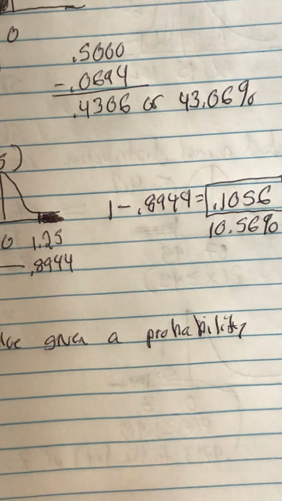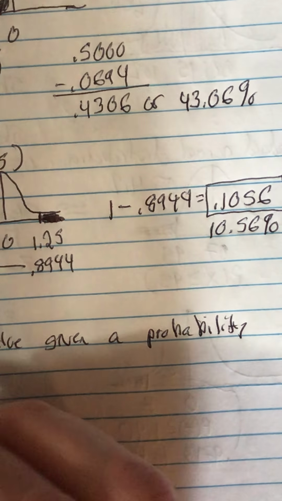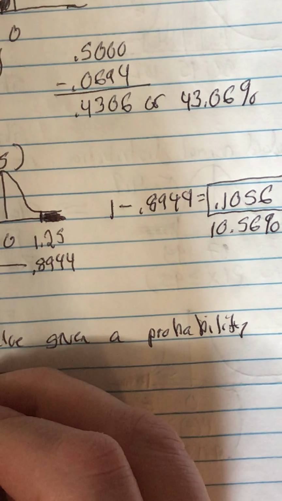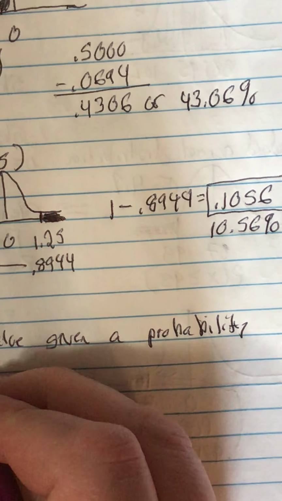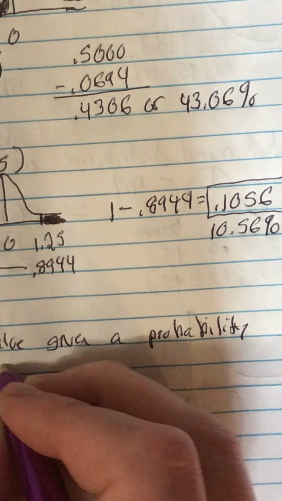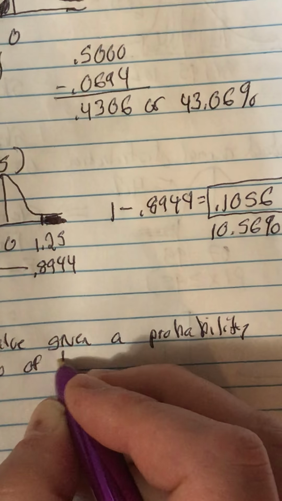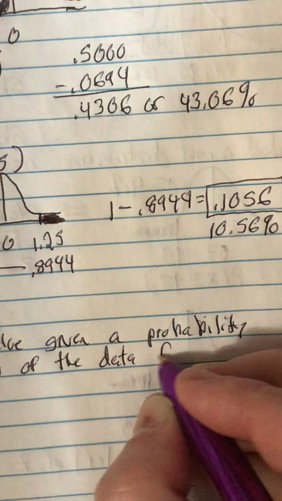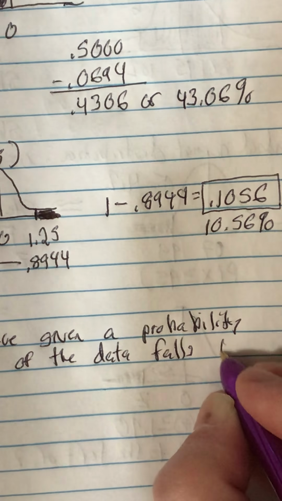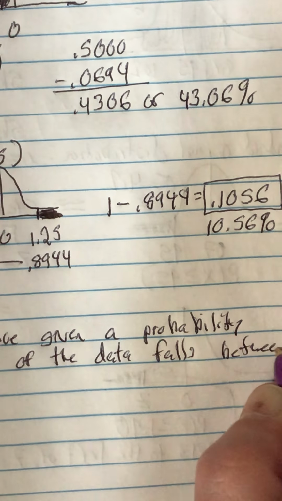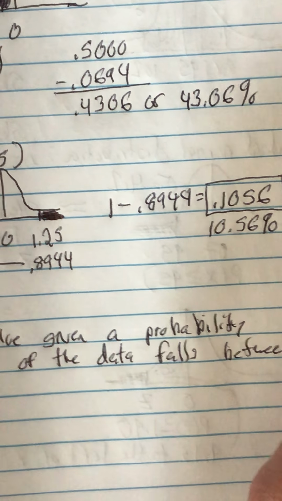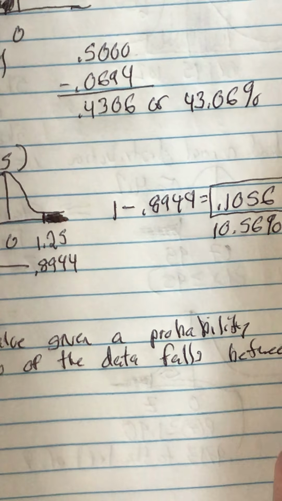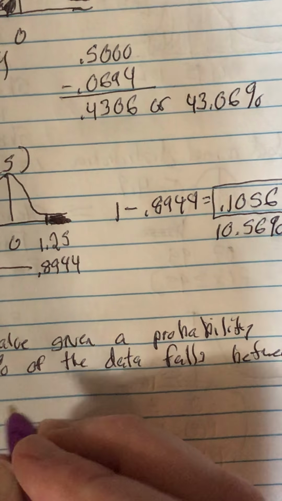Well, this is pretty straightforward. Okay. Here's an example problem. 48.71% of the data falls between z and the mean.